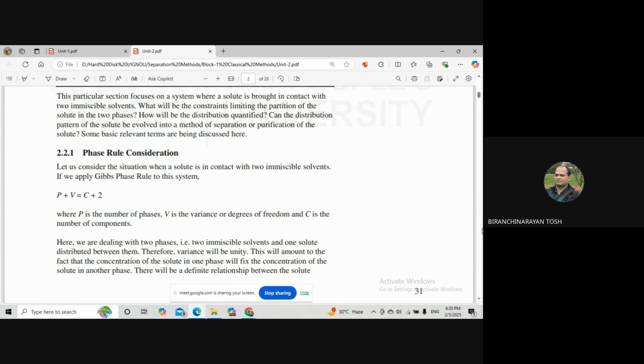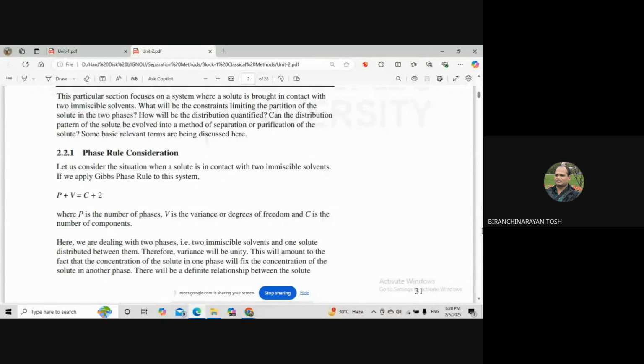Then what is the component? That means the different entities, the chemicals present in the system, and the minimum number of such species by which the whole system can be explained or expressed is known as the number of components.